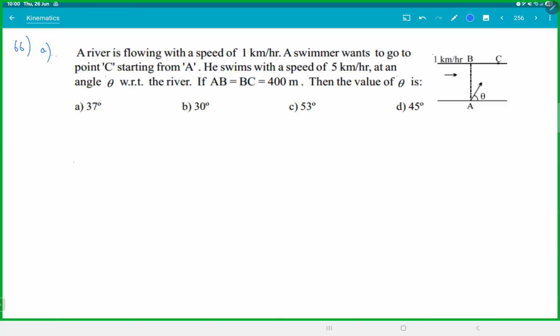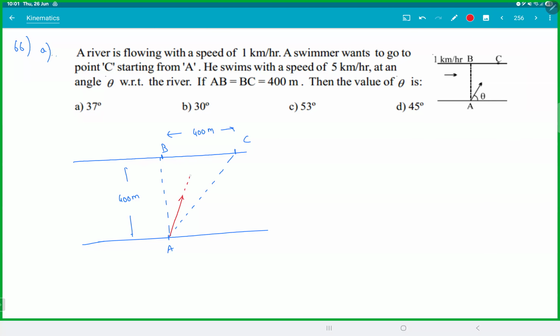Always put a small picture. So this is A, this is B, this is C. This is 400 meters and this is 400 meters. So this man is trying to swim like this. He's trying to go somewhere here.